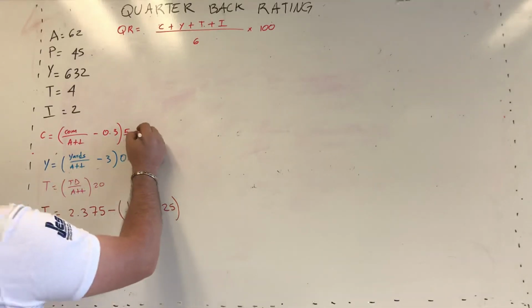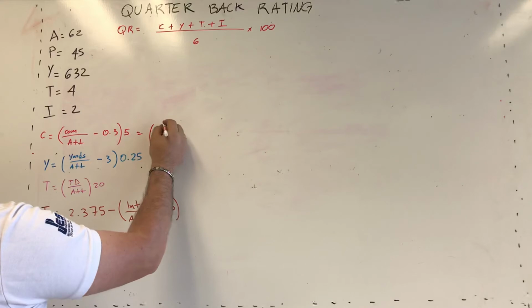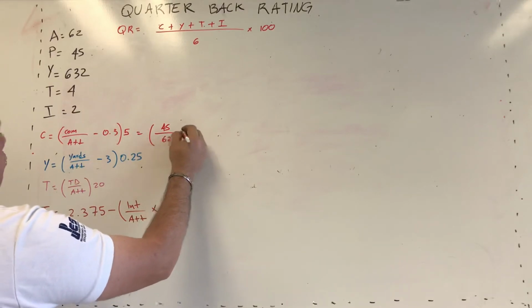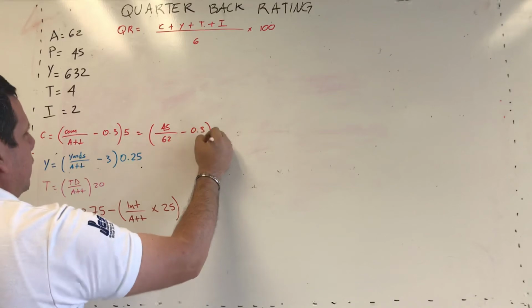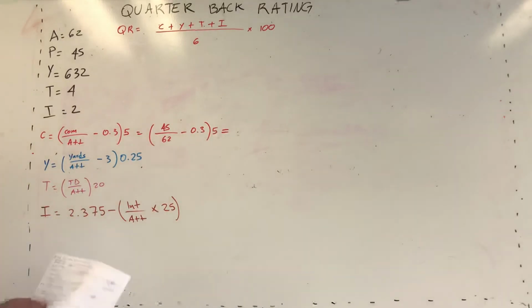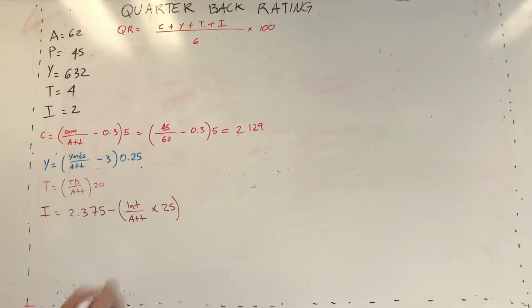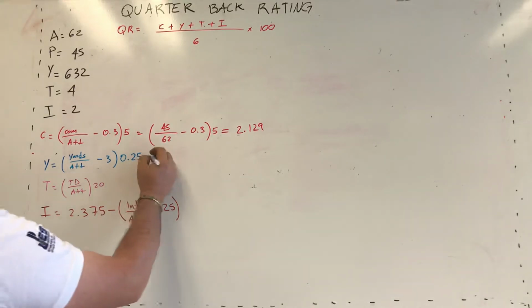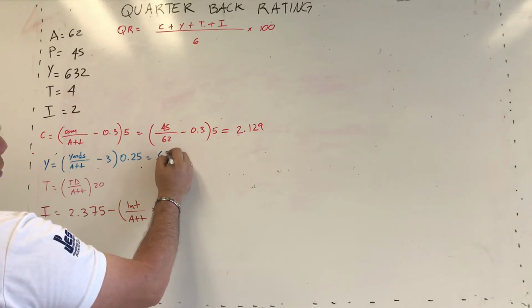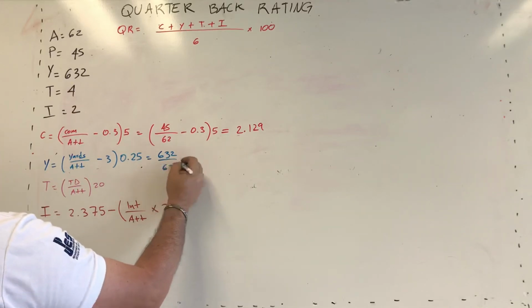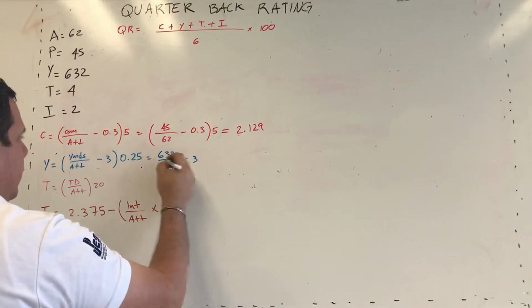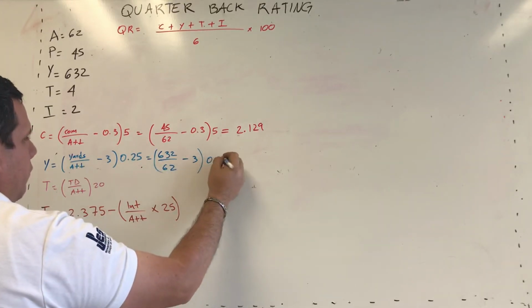For the completed passes, we have 45 over the attempts 62, minus 0.3, times 5. For that, we have 2.129. This is the first solution that I have. Now for the yards, I have 632 yards, 62 attempts, and minus 3 times 0.25.